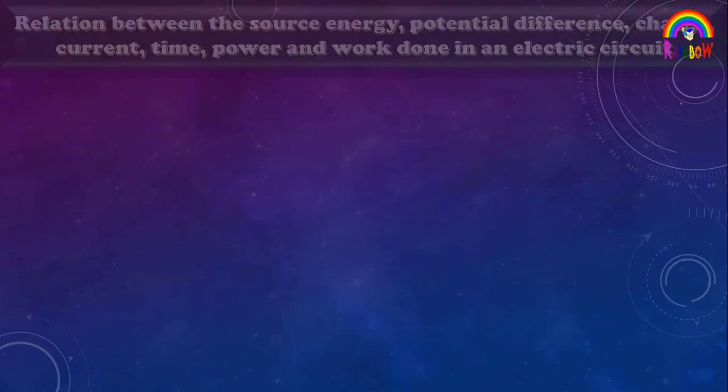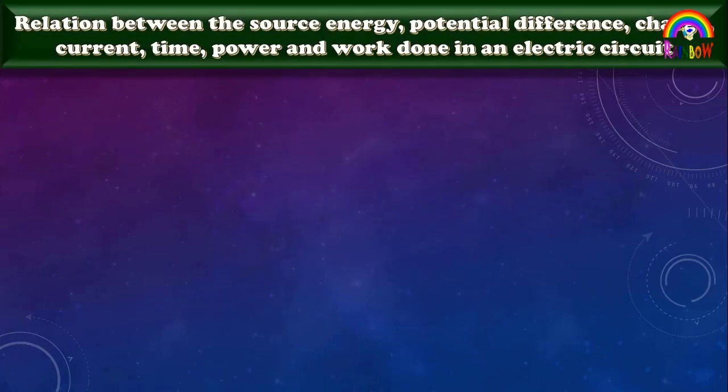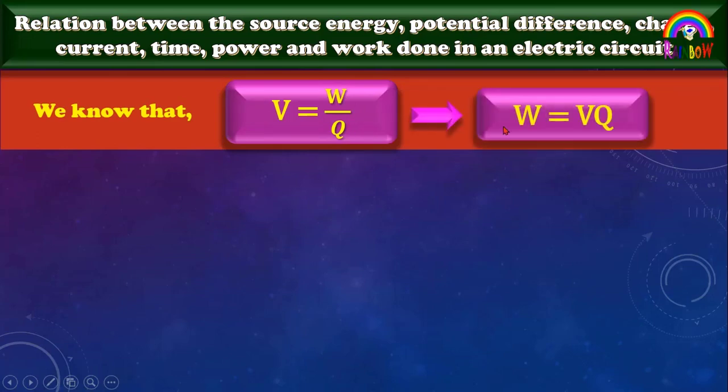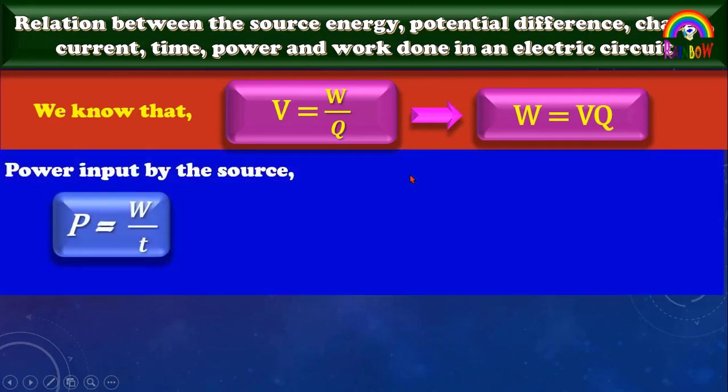Now, let's just recall and write the relation between the source energy, potential difference, charge, current, time, power and work done in an electric circuit. We know that potential difference V is equal to W by Q. So, we can write W is equal to VQ. In the earlier classes, you studied that rate of doing work is called power.